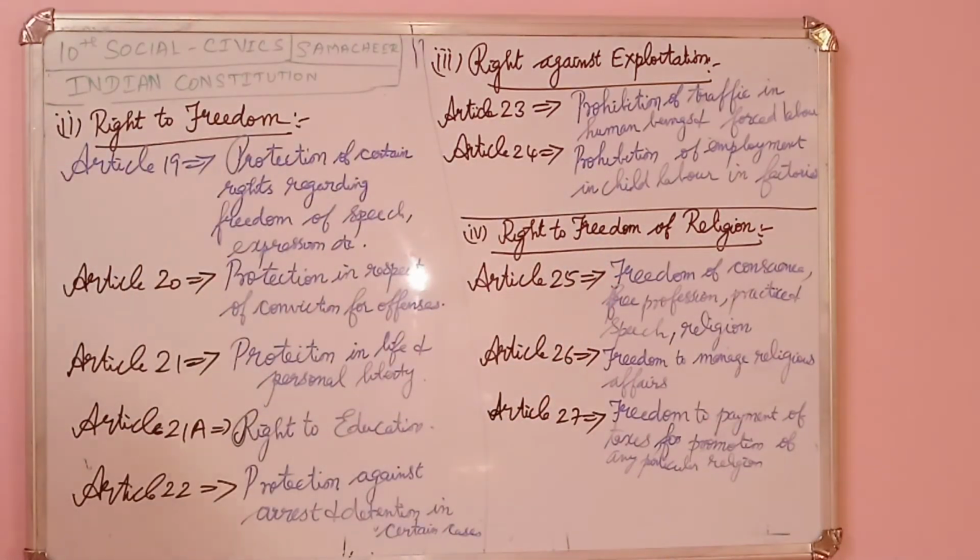Freedom to payment of taxes means whoever is able to pay some taxes for the promotion of any particular religion, that is their freedom. They can promote their religion as per their wish.